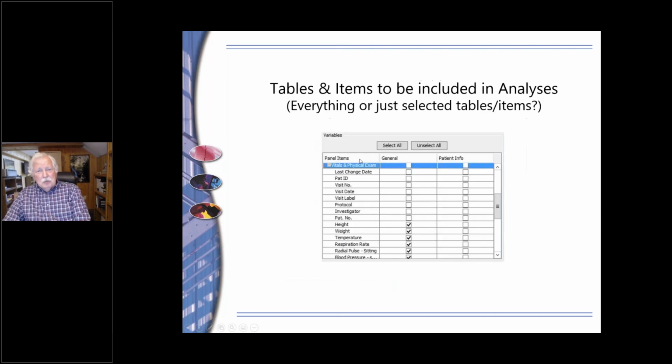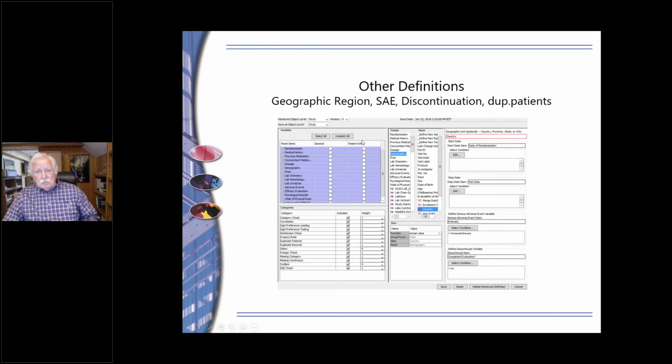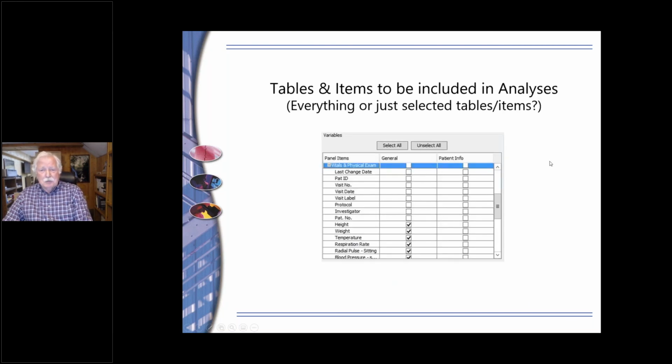But also you can tell the system which pieces of information being collected could potentially lead to determining whether it's a potential duplicate patient. Things like date of birth, gender, race, and so on. So you can define all of that, because that's another piece of information that comes through.